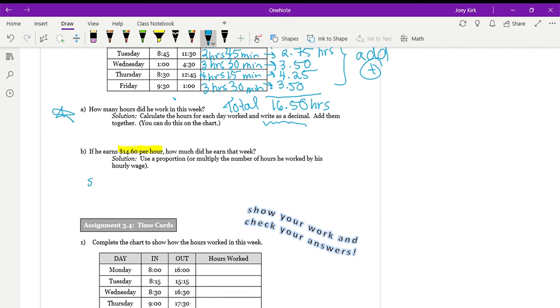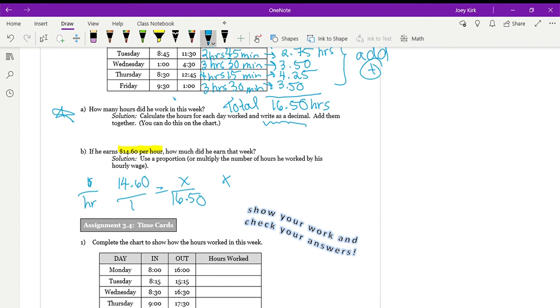I'm just going to stick with proportions because those always work out nicely. Okay, so we're trying to figure out if he made $14.60 in 1 hour, and that's the proportion we're given, how much money is he going to make when he works that week? Now we know that week he worked 16.5 hours. Okay, this is why it's really important to have a decimal. If you had put 16.3 for 16 hours and 30 minutes, it will be wrong.